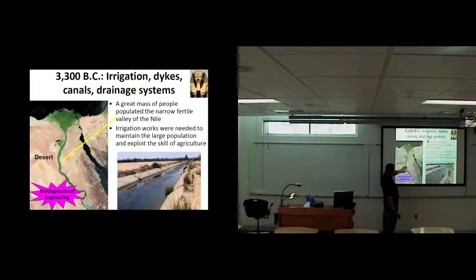But they would live up here on the edges of this, and they would go down into that area to do their farming, because that's where all that great water was, all the great soil that got washed down the river was. And eventually they started to branch out. They started building little tiny rivers away from here out of stone, so that they could move the water, move that basin out wider, make use of all that water, because you can see how much water gets out to the ocean. This thing gets so big out here, and it's just a huge amount of water going into the Mediterranean.